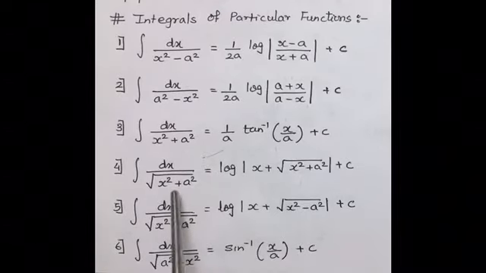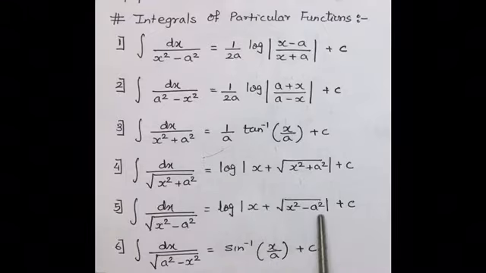Fourth was having plus sign, fifth is having minus sign. So its standard integration becomes log of x plus root of x square minus a square plus c. Almost these two integrations are the same, but the minus and plus sign differs in the root.